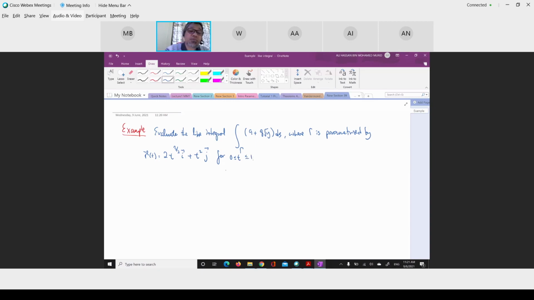This is an example of a final exam question, from a sample final exam.